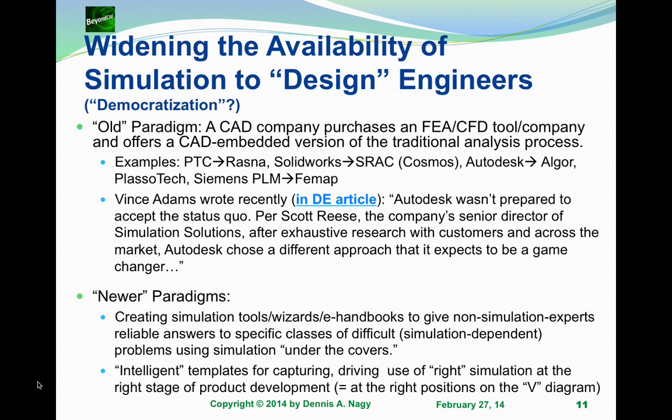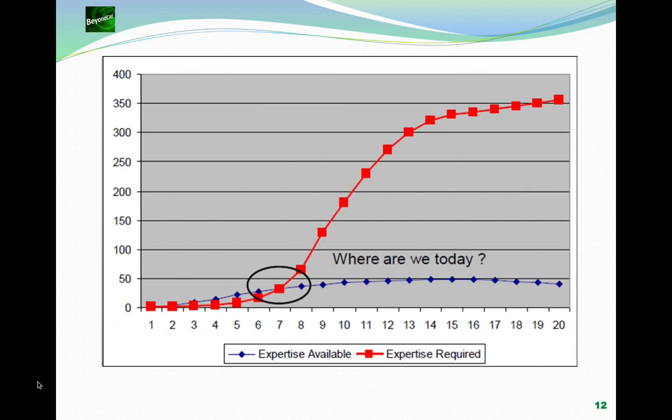So if you take this diagram again, this chart that I showed before, the real issue is you have the current expertise requirements. In other words, what does somebody have to know to use a generic but very powerful tool today like Abaqus, ANSYS, Star-CCM+, whatever. And then you have this democratization pull.